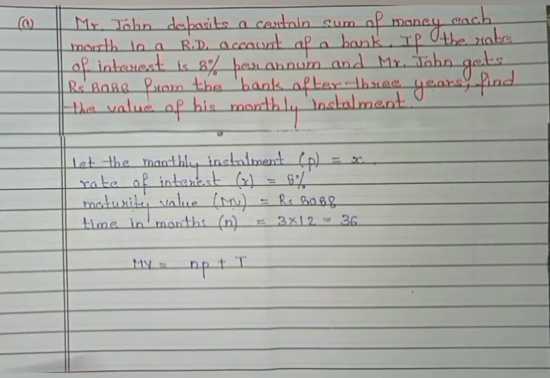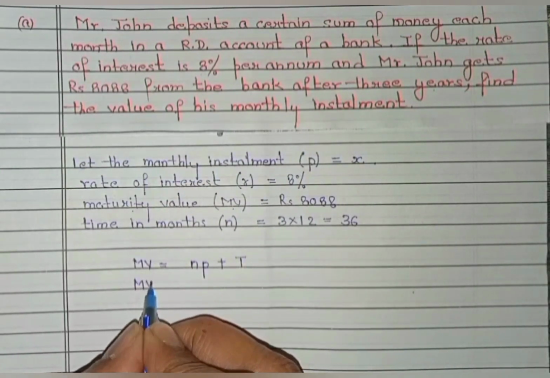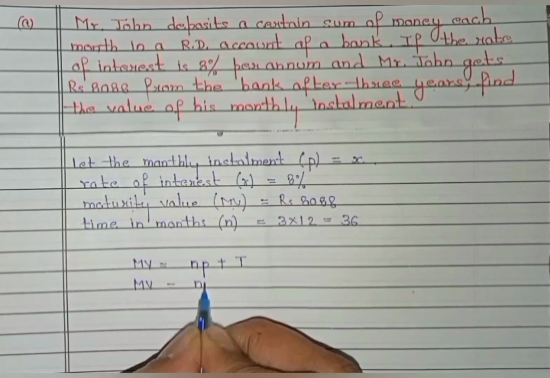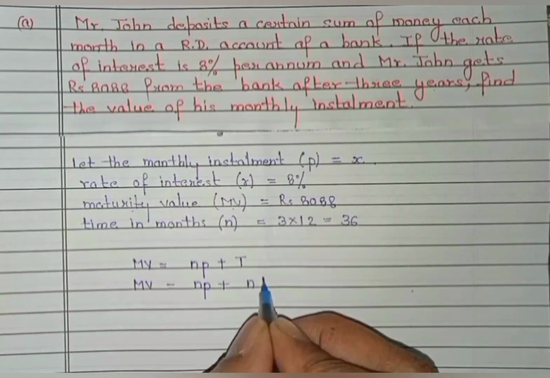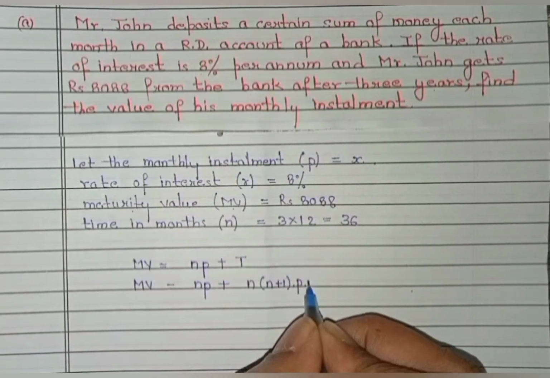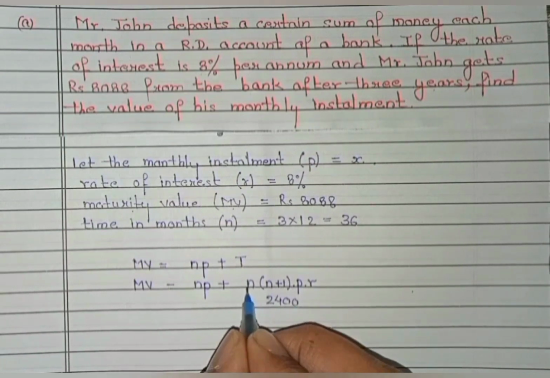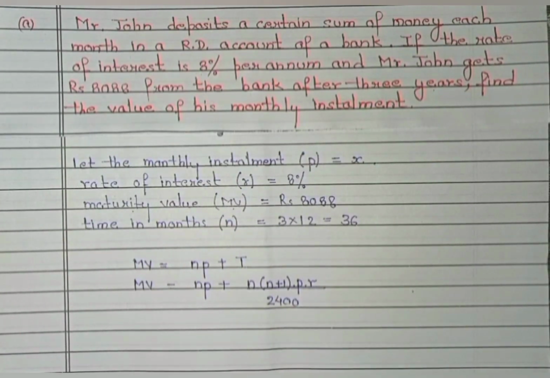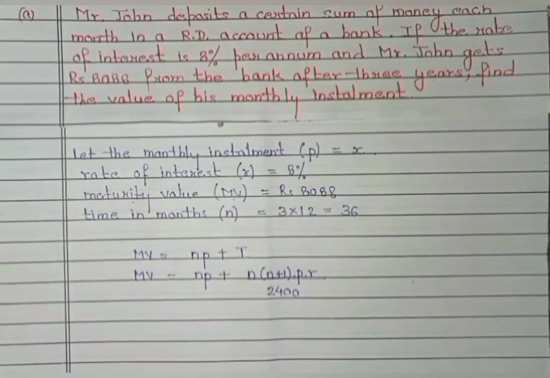Now if interest is not known to us, we can write the formula as nP plus n into (n plus 1) into P into R upon 2400. So this is the formula that we have arranged for maturity value. Now in this formula let us substitute the values.